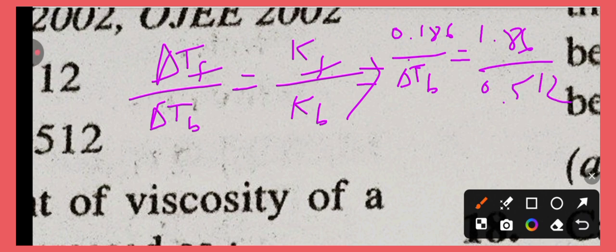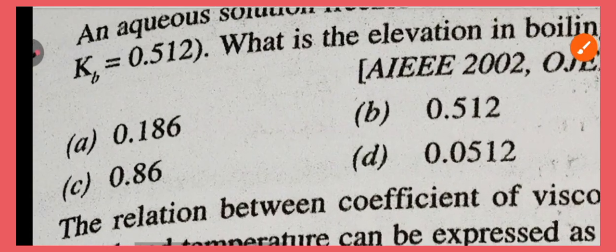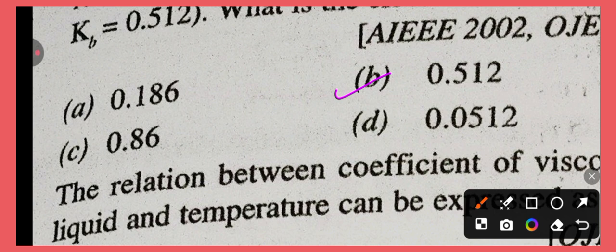Let's cancel this. Here 0.1 is present. Del Tb is equal to 0.1 into 0.512. Then when we multiply, 0.0512 is given. Let's check the options, that is option B, 0.512 is the correct answer.